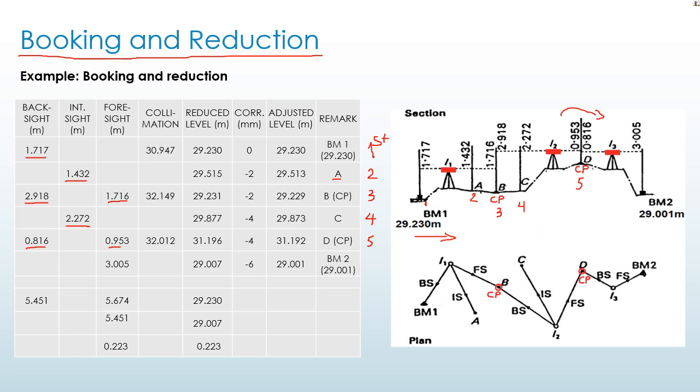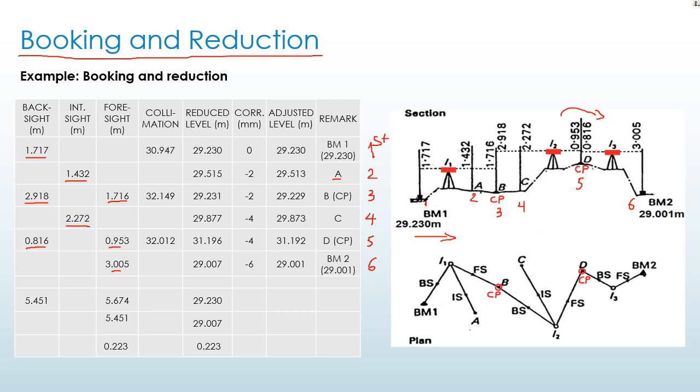And the last point is benchmark number 2, where you have the foresight reading only. So the first reading after a setup is a backsight. The last reading for that setup is a foresight.